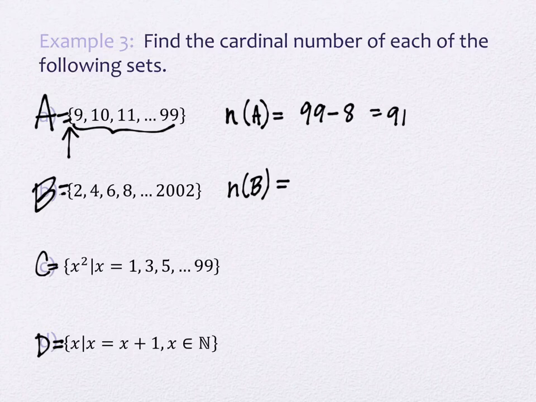Because we've only got half the numbers, every other one. So what do you think we're going to divide by 2? 2002, that's right. If all the numbers were there, including the odds that are missing right now, that would be 2002 numbers from 1 to 2002, and then I'm splitting it in half because I only have the evens. So this gives me 1001.